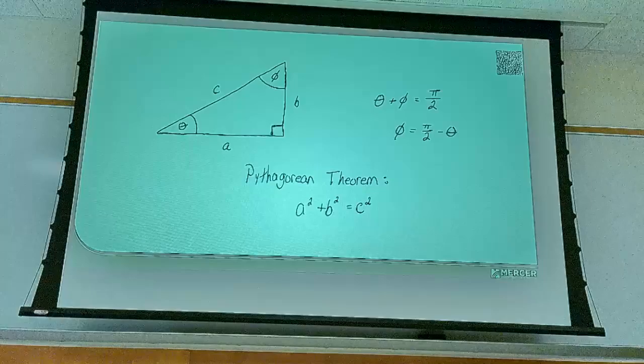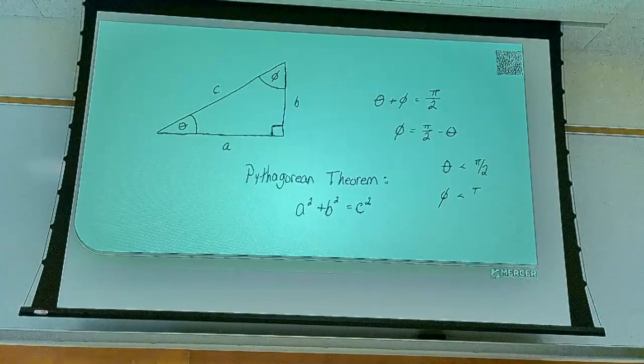With that relation, we also know that both theta and phi have to be less than pi over 2, but greater than 0. The degree can't be negative. Well, you count negative degrees, but in a triangle you can't. Which means theta and phi are acute angles, right?